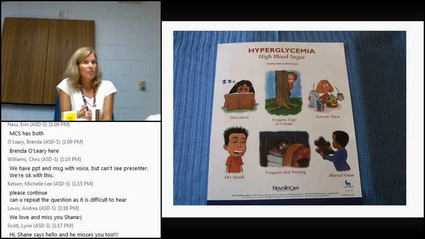This is just a little pictogram that is available for schools to have either in their classroom, especially if it's a child in the school that has diabetes, that gives you some examples of what a child might be experiencing with high blood sugar.